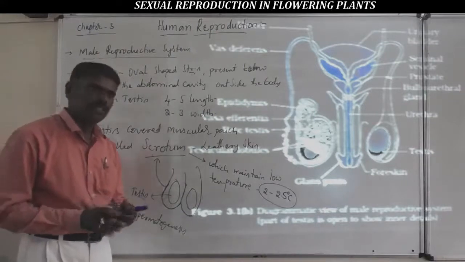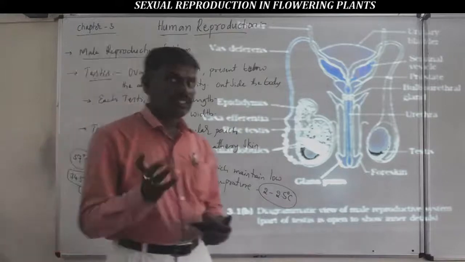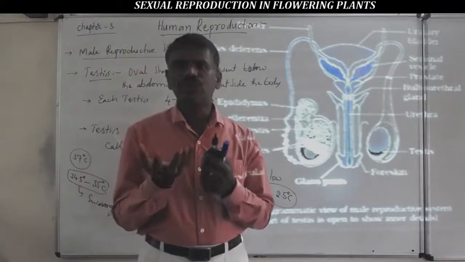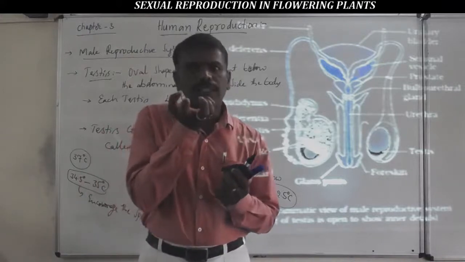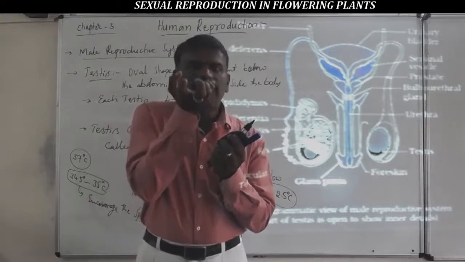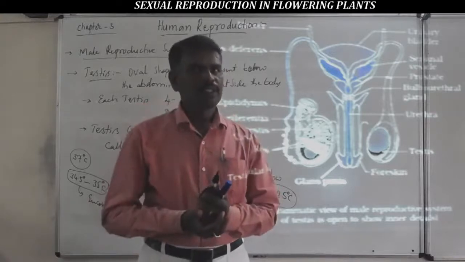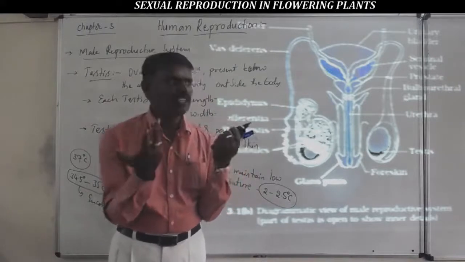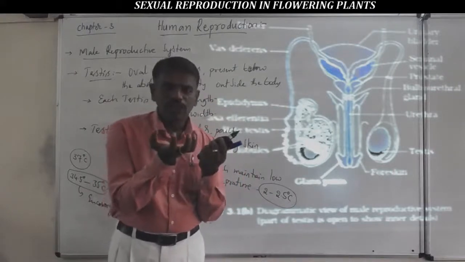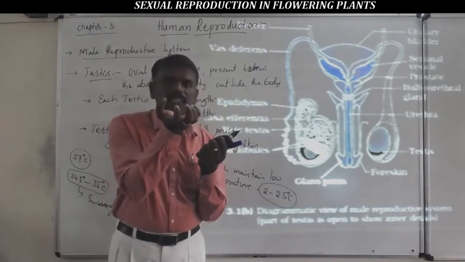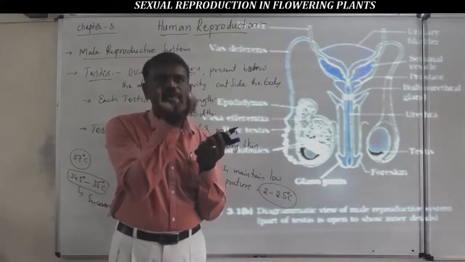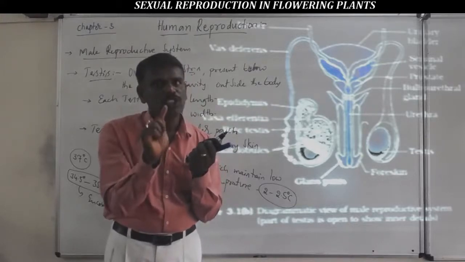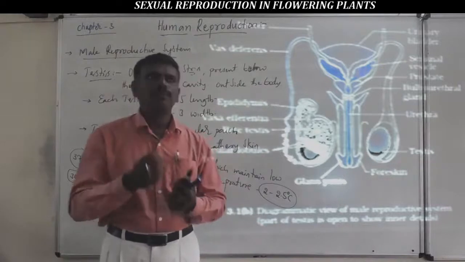Sometimes, when the external temperature is very low, the scrotum, which is a folded skin, folds and brings the testis upward, towards the body. So the testis gains temperature from the body.